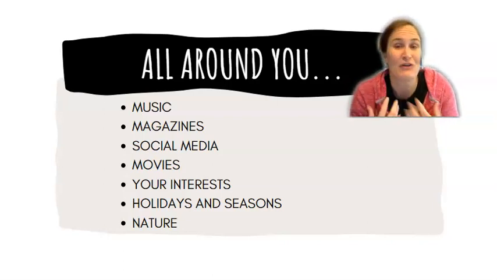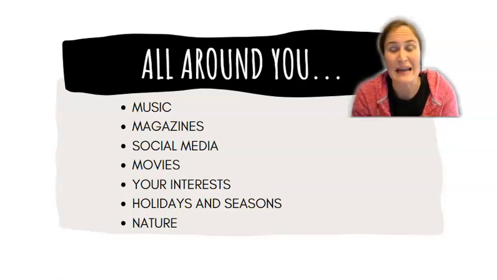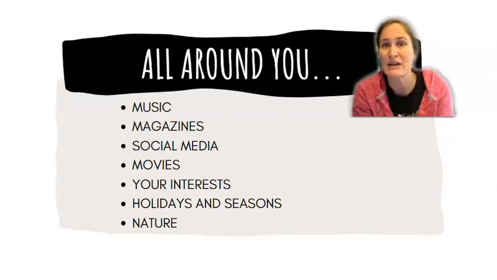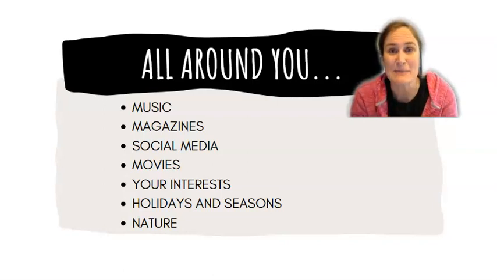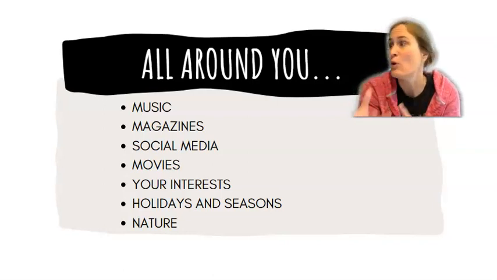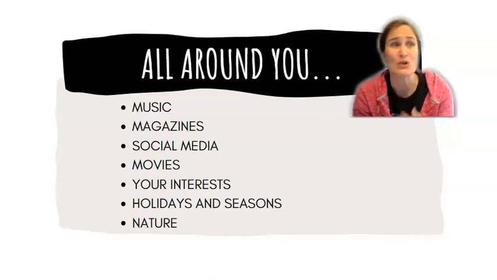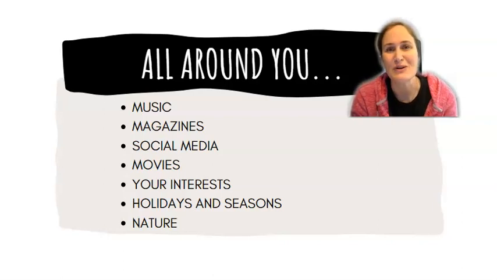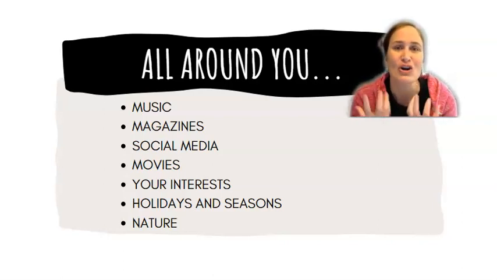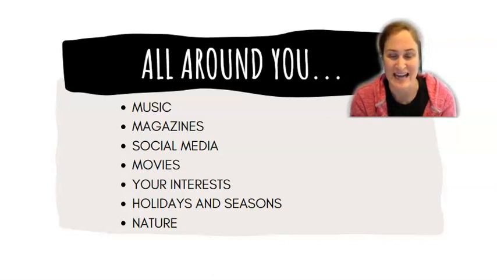So my kids are involved in baseball and 4-H, and so my designs might be more geared towards that. Your kids might be involved in bowling, or wrestling, or maybe you don't have kids, or maybe you're doing a custom order. The thing is that you can utilize the things that are all around you on a regular basis to be able to come up with your design ideas.